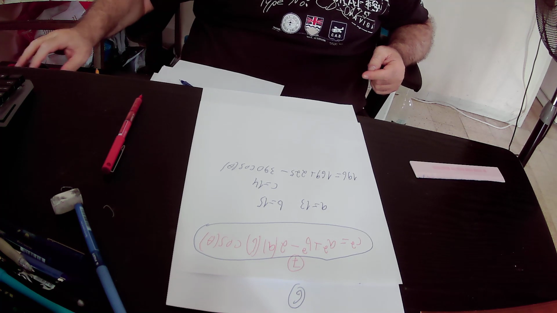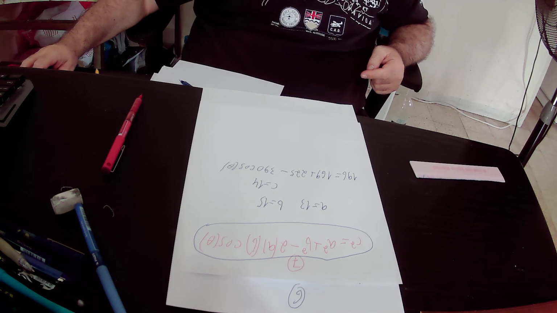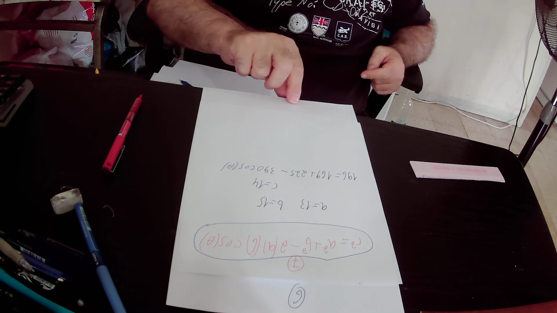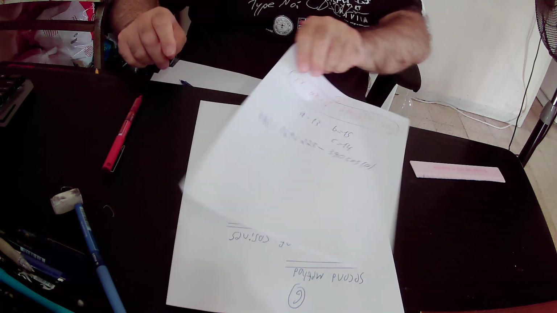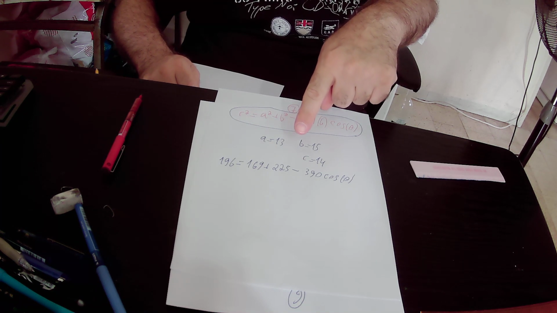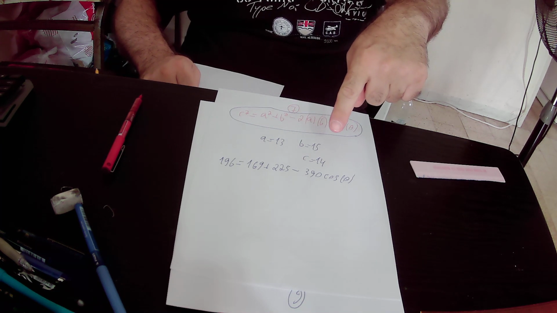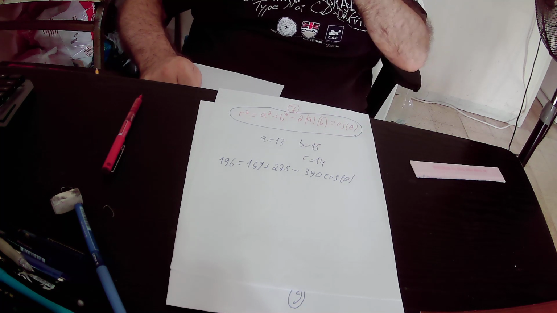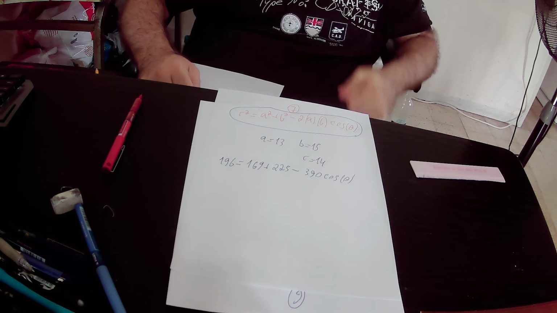Okay, so we got that 196 equals 169 plus 225 minus 390 cosine theta.